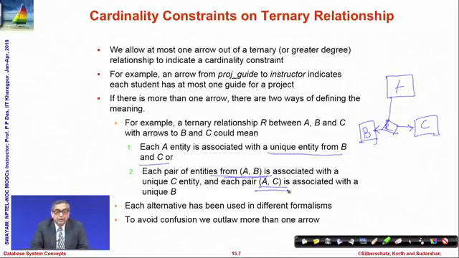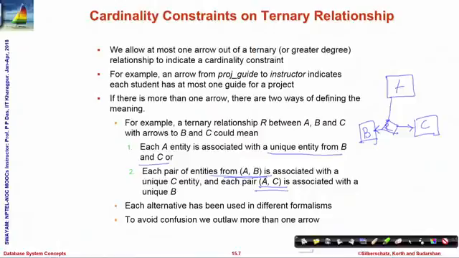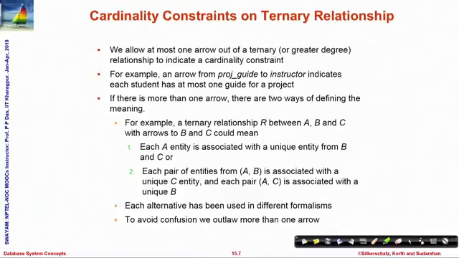So, there is multiplicity of interpretation if we allow more than one arrow in a ternary or higher degree relationship. So, for simplicity in this course, and as is often followed in practice, in a ternary or higher order relationship only one arrow will be allowed.